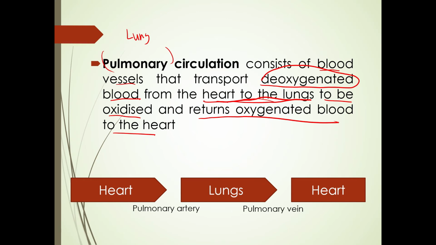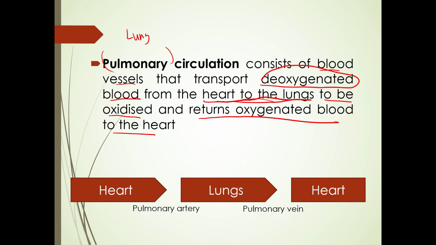Pulmonary circulation consists of blood vessels that transport the deoxygenated blood from the heart to the lung. Let's say from our body, they already took the oxygen from the red blood cell. Now the red blood cell becomes deoxygenated blood. It goes to the heart, and then the heart will pump the deoxygenated blood to the lung, and it will be oxidized.